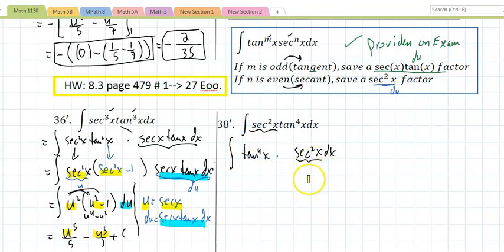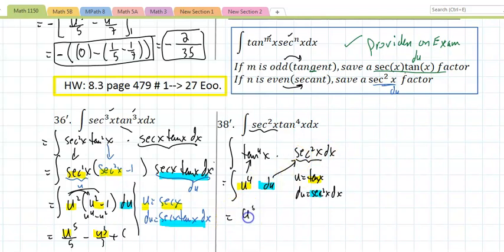All I have to do is choose u, and du is right there automatically. If I let u equal tangent of x, du will be secant squared of x dx. There it is. This will become the integral, and let's see, u and du, oops, the color didn't match. Here we go. If I let u equal tangent, this will be u to the fourth, and du is simply right there.